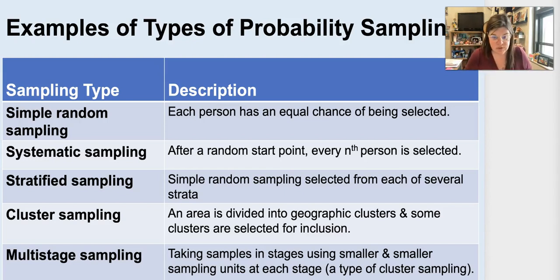We can do cluster, so maybe it's geographic, maybe it is religious, maybe it is race or ethnicity. Then we can do multi-stage, where we sample, get the data, sample again, get the data, things like that.